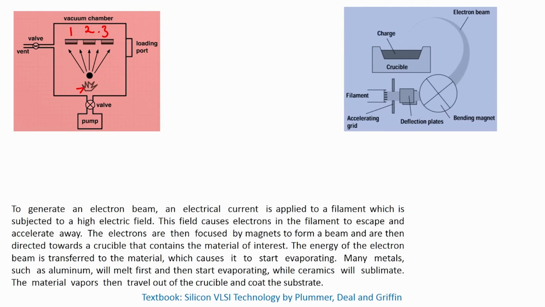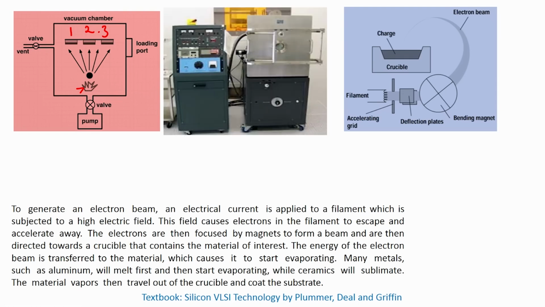Okay. Now, this is how it actually looks. This is the thermal oxidation system. Here, this one is a viewing port, because we have to see whether the material is melting or not. This is the chamber.